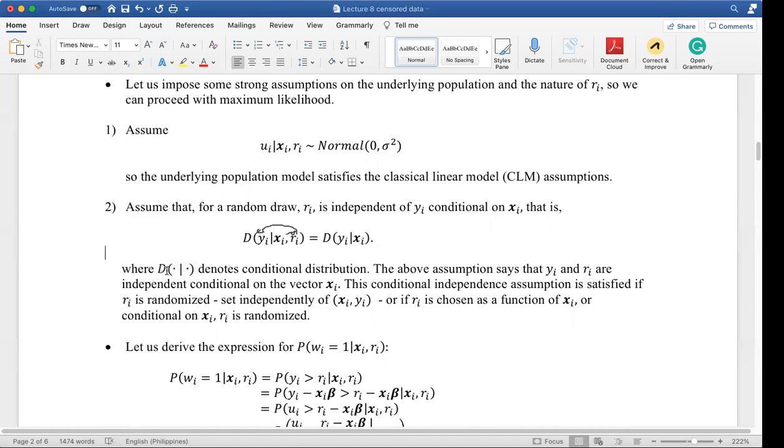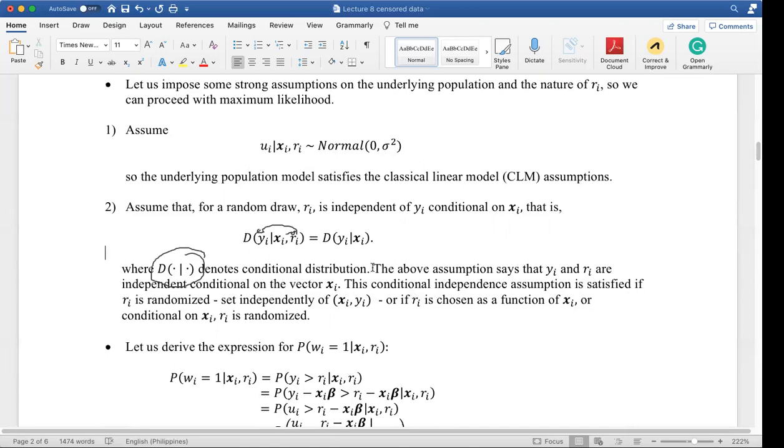Okay. This notation denotes conditional distribution. We will be using that notation quite often with these sensor data models.